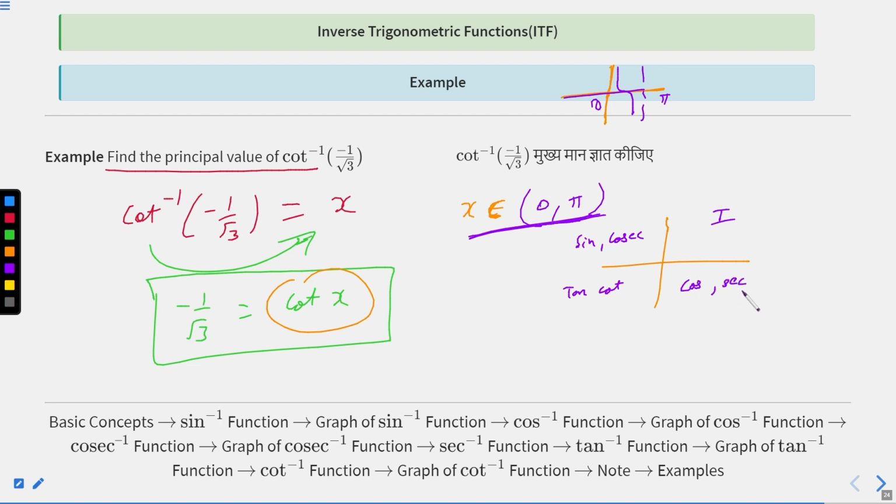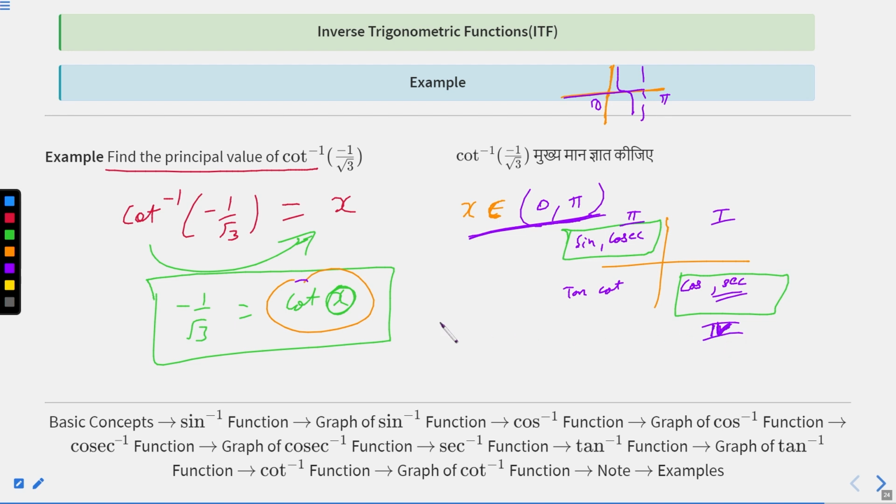From this you can say that x belongs to either this quadrant or this quadrant, that is, either the second quadrant or the fourth quadrant.